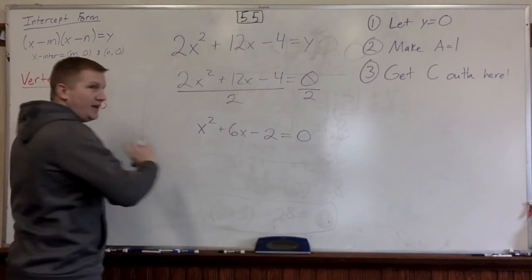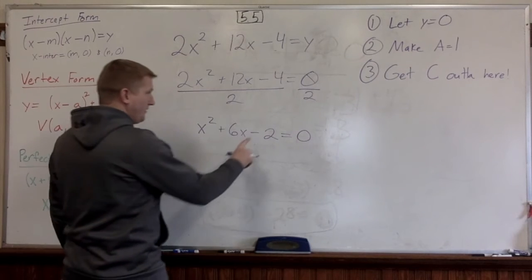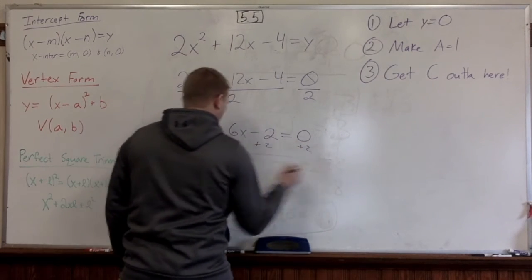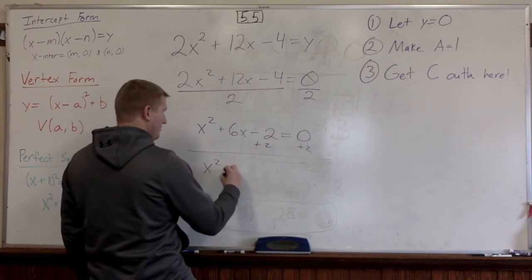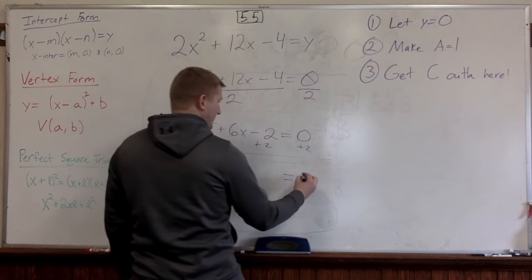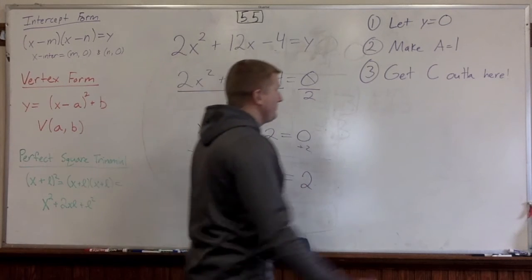Take c and get it onto the other side. So since it's minus 2, I'm going to add 2 to both sides. We end up with x squared plus 6x. Remember to leave a space. Is equal to 2.